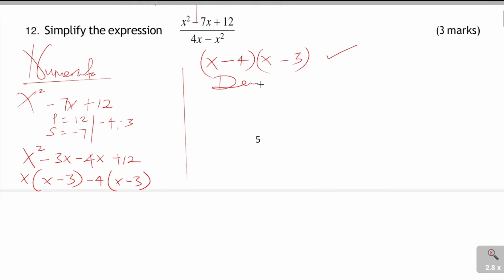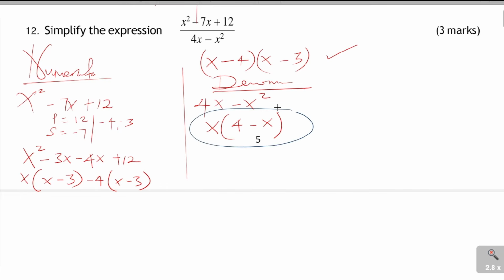Now let's go to the denominator. For the denominator, we have 4x subtract x squared. When you look at 4x and x squared, x is common. So factorize x, you shall have 4 subtract x, like that. Now look at both the numerator and the denominator.